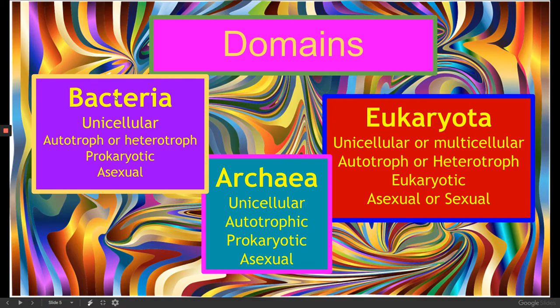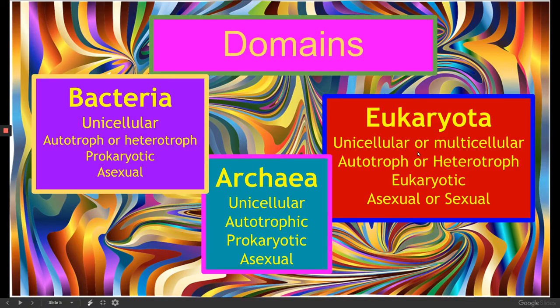You have bacteria, and all the organisms in the bacteria domain are unicellular. They can be either autotroph or heterotroph. They are all prokaryotic, and they are all asexual. In the archaea domain, can you say archaea domain, all organisms are unicellular, all organisms are autotrophic, all organisms are prokaryotic, and all are asexual.